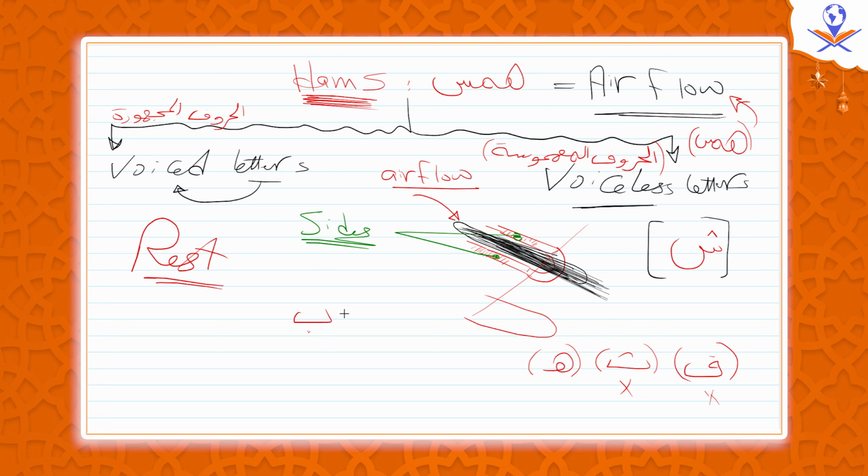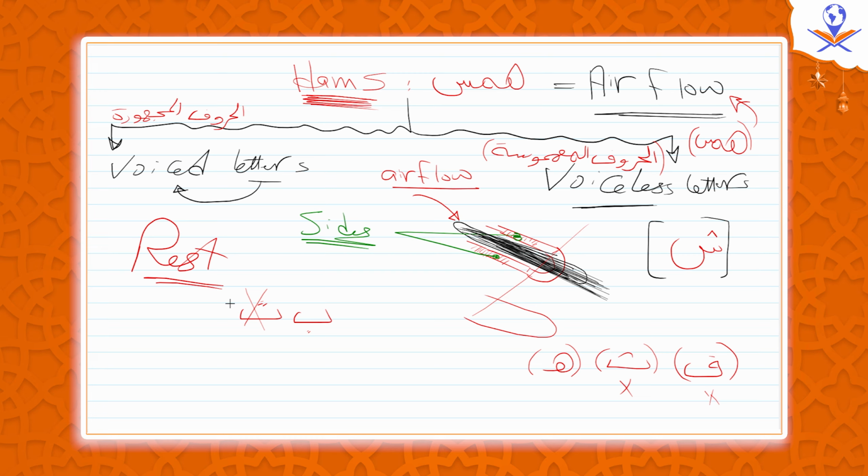Because ba is not from فحثه شخص سكت, then it doesn't have hams. So we don't allow the hams. Same for example ta. Ta has hams, right? فحثه شخص سكت ends with ta. How about tha? فحثه has hams. Sorry.